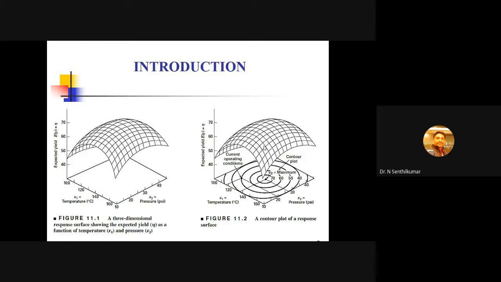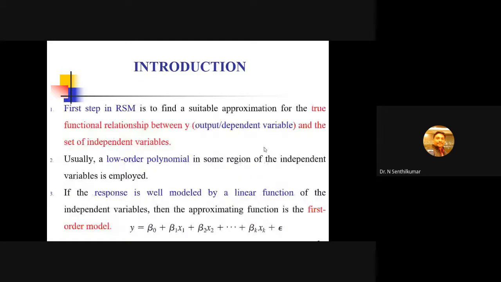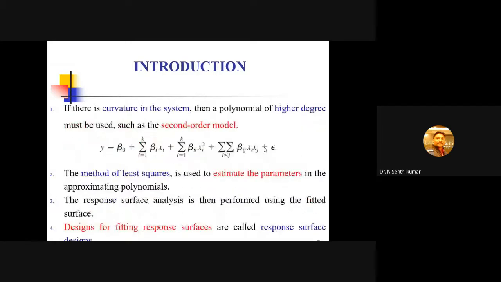In the second graph, we have both the contour as well as the response surface. The contour plot is a two-dimensional plot drawn between three parameters, in which two are inputs and one is the output. So this is what we will be speaking about.